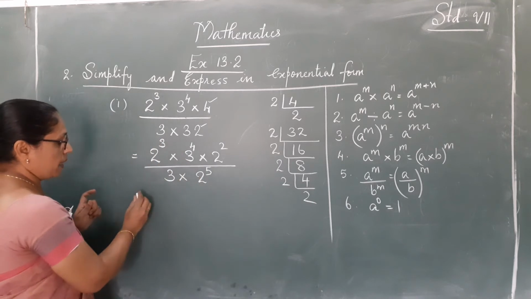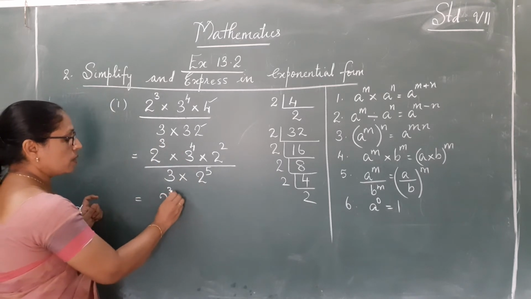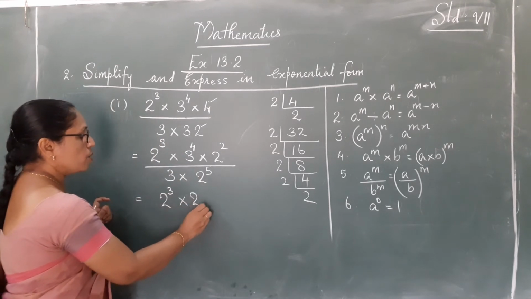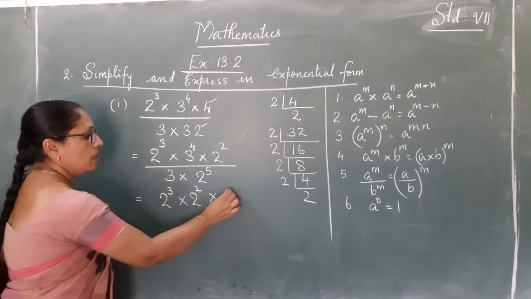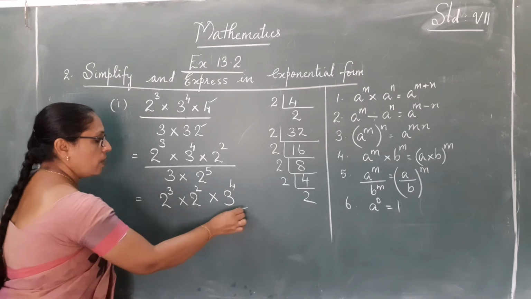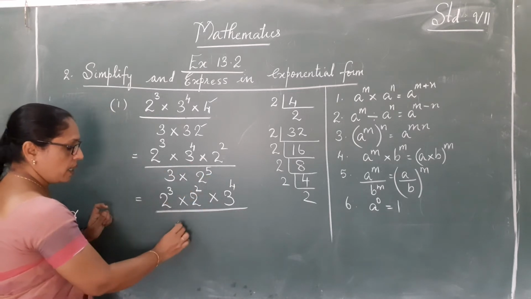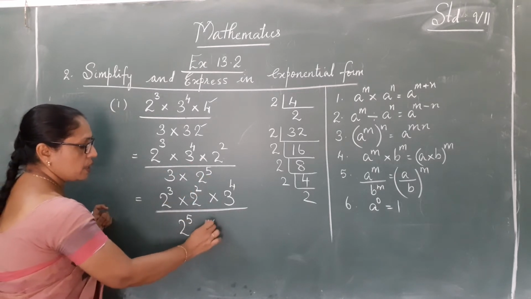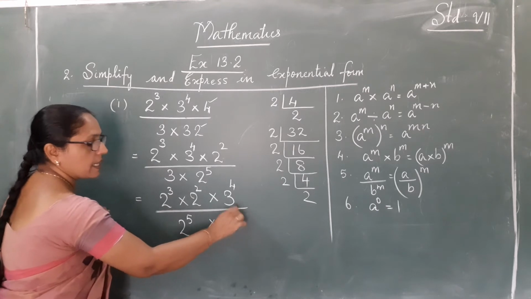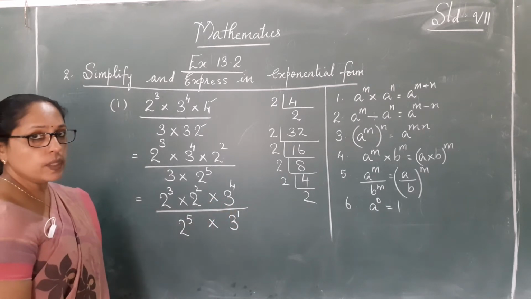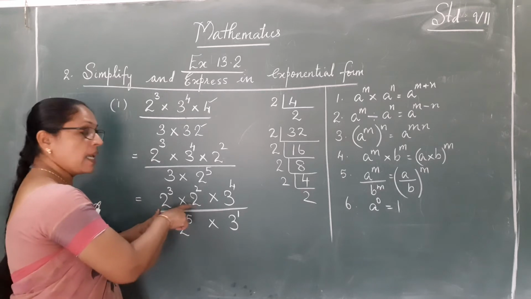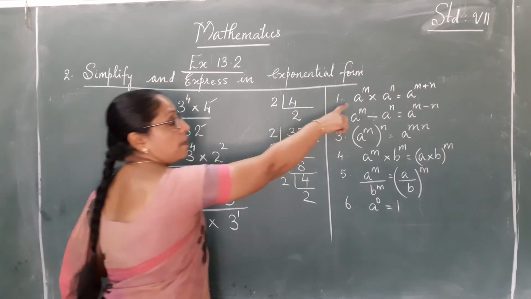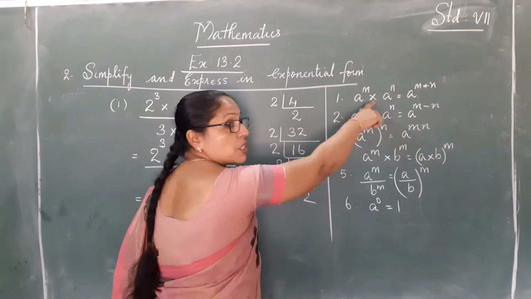In the numerator, 2 raised to 3 into 2 raised to 2, same bases, into 3 raised to 4, by 2 raised to 5 into 3. 3 means 3 raised to 1. Now look at the numerator. This is same base and multiplication.